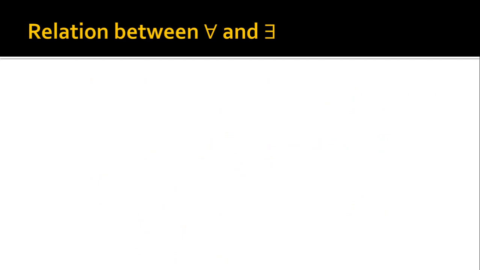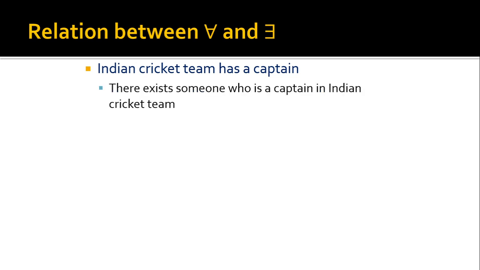Let us go to another example, which is Indian cricket team has a captain. Again, we have two ways to write the same thing. There exists someone who is a captain in the Indian cricket team. So in first order logic, we can write there exists x captains x Indian cricket team.